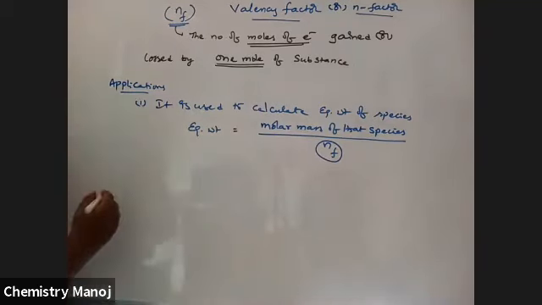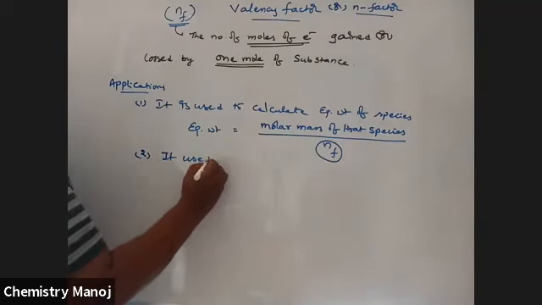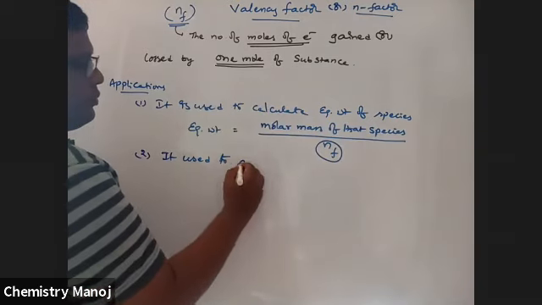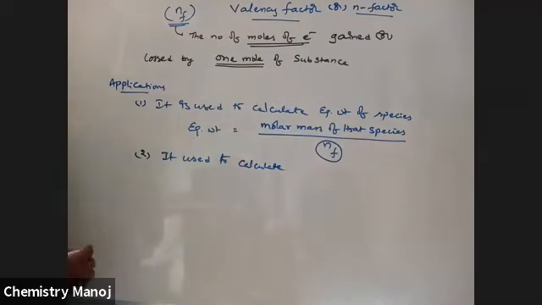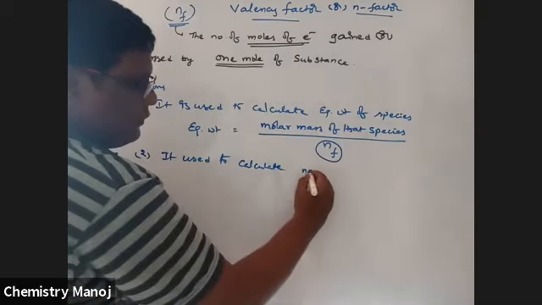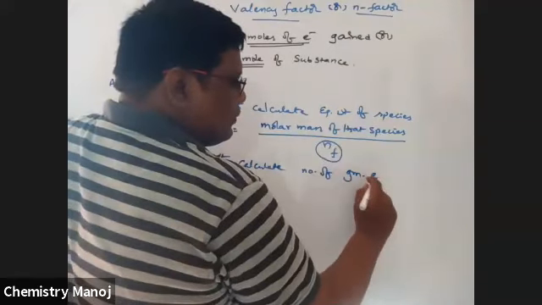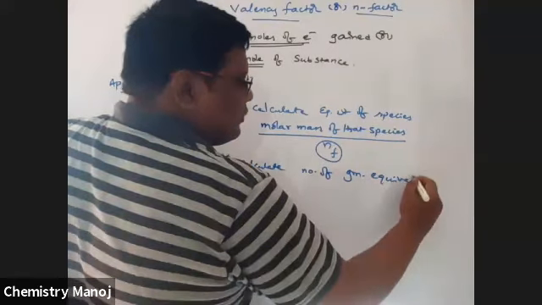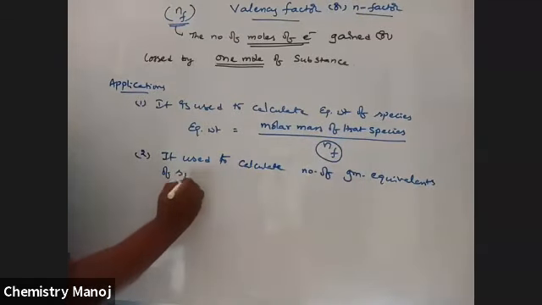Next, second point. It is used to calculate number of gram equivalents of species.